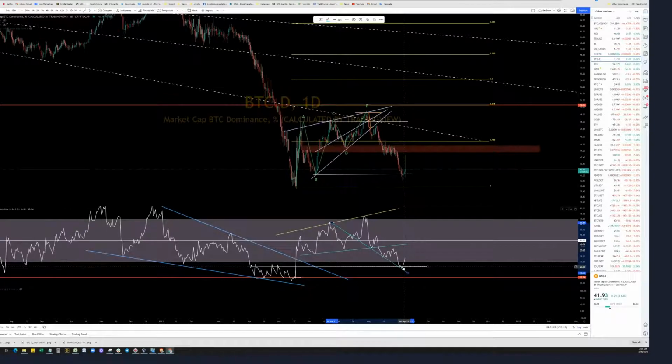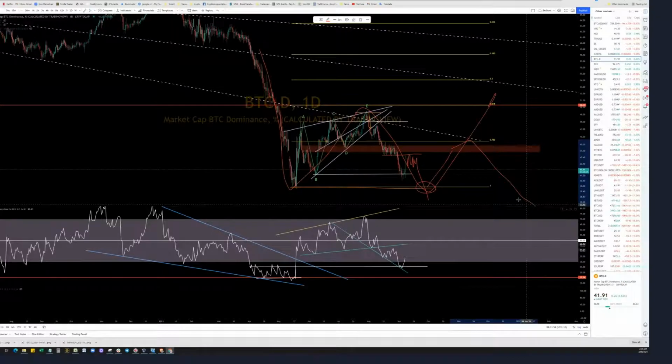You can see here that was the previous support, and it just found resistance there. So this might just go around like this before it keeps going down to test the next level here, and then up. I think this will be a double bottom. 1, 2, 3. And how much will it go up?